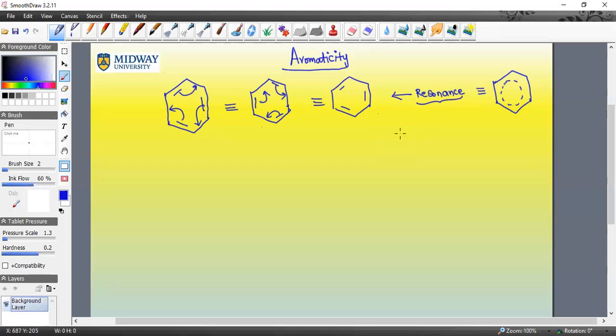Now, if you rewind your mind back a few weeks, maybe a couple of months, to when we learned alkenes and alkynes, I told you that if a compound contains alternate double, single, double, single, double bonds, the molecule is planar.